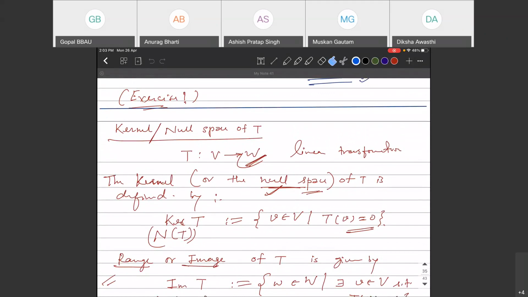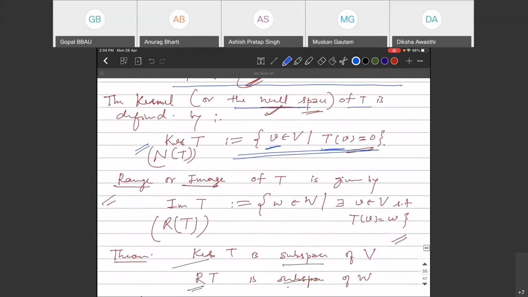So null space means kernel of T. Here we have a linear transformation from a vector space V to W. Then the kernel or the null space of T is given by all those vectors where T vanishes. This means all those vectors v in V such that T(v) is 0. So this is called the kernel of T or null space of T.